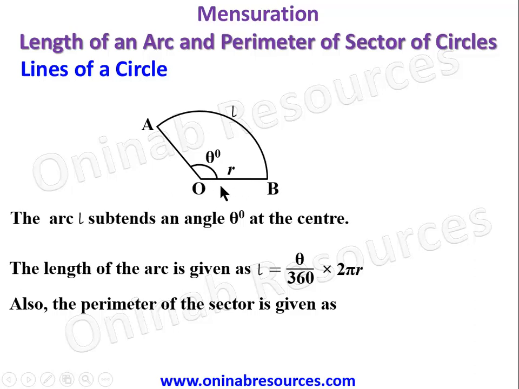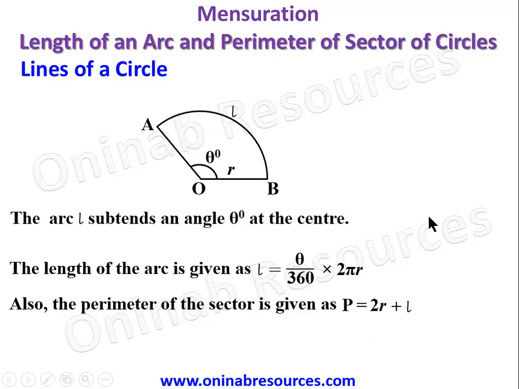So we have two radii, and the perimeter will be equal to 2r plus L, and we can bring it together in a holistic way by saying theta over 360 times 2 pi r plus 2r, which gives the complete formula for the perimeter of the sector.